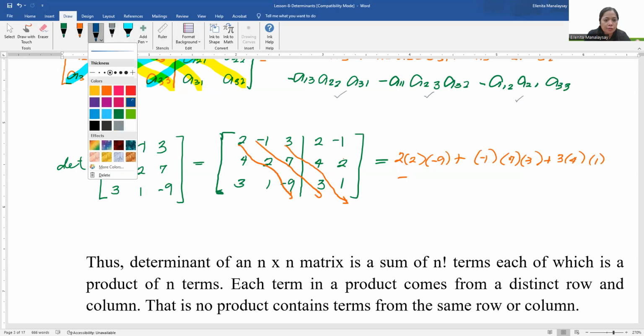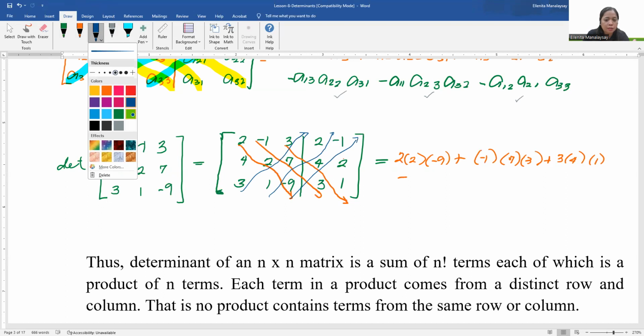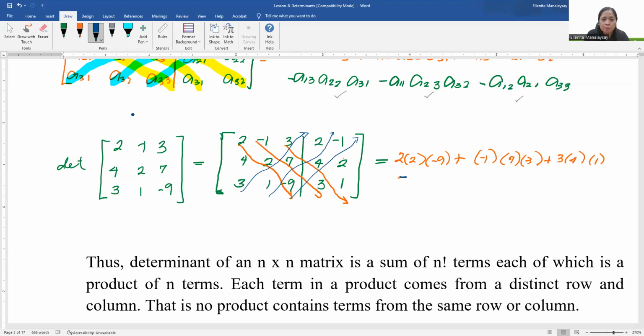Say 3, 2, 3, 1, 7, 2, and -9, 4, -1. So minus, that is the sign. So minus, we have 3 times 2 times 3, minus 2 times 7 times 1, minus -1 times 4 times -9.